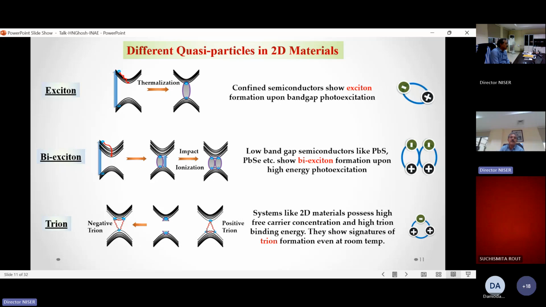This can be observed only in 2D materials. It's very important to know this aspect. If you take any 2D material and try to make a device, you cannot avoid formation of trions. Although the lifetime of the trion is not very long, in the early time scale the presence of trions can be seen. So I'll come to how I came to this work.